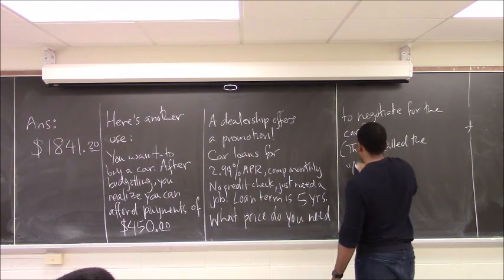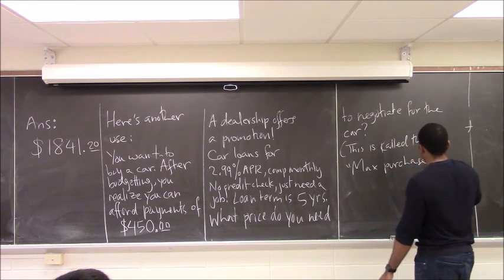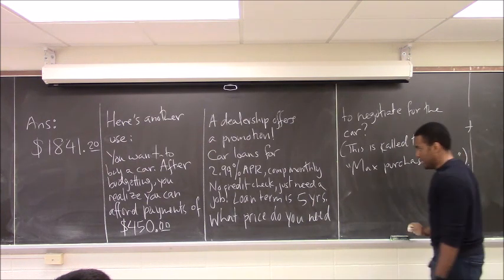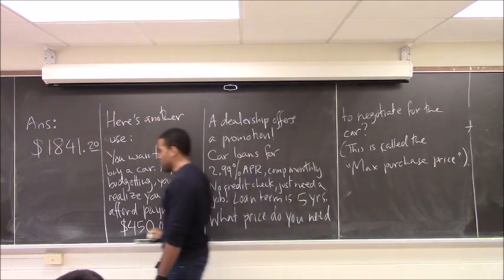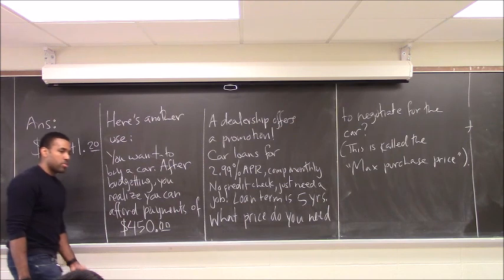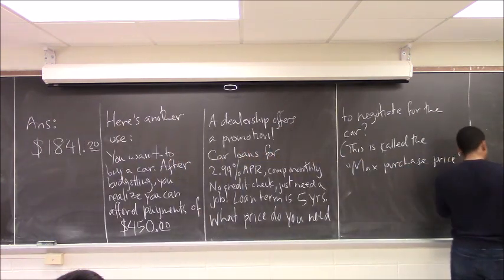What is the maximum price for a car that you can get under these conditions, without, of course, putting yourself into debt that you can't manage? You can make $450 a month. Under these conditions, what's the most expensive car you can buy? What's the price where you know I can't go above this price?